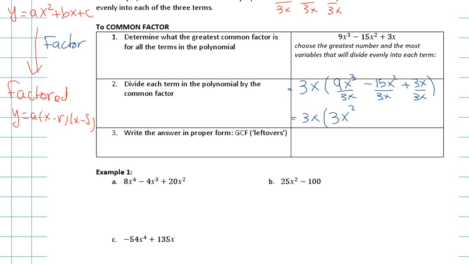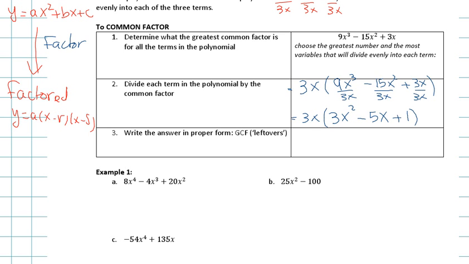And then what did we say 3x divided by 3x is? Positive 1. Good. So basically, this is factored. I took out the common factor, and this is what I call the leftovers.